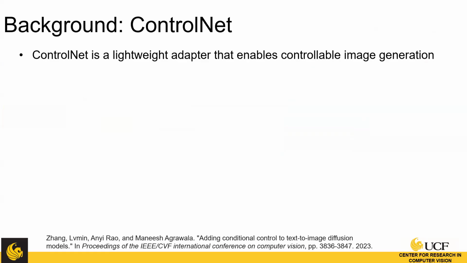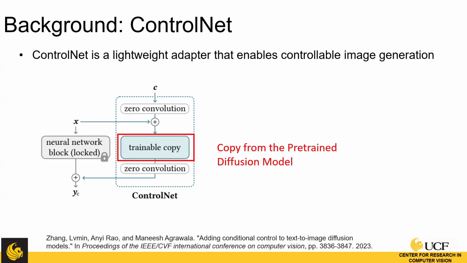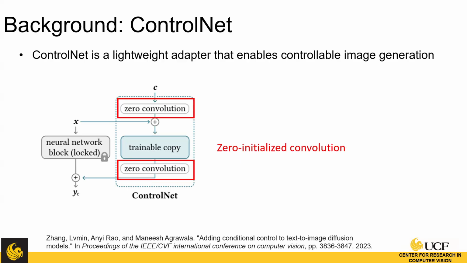Here we have a background for controllable generation, which is ControlNet. ControlNet is actually a lightweight adapter that enables controllable image generation. Basically, we have a pre-trained diffusion model, and we copy the pre-trained diffusion model as a trainable copy and add some zero-initialized convolution to stabilize the training.